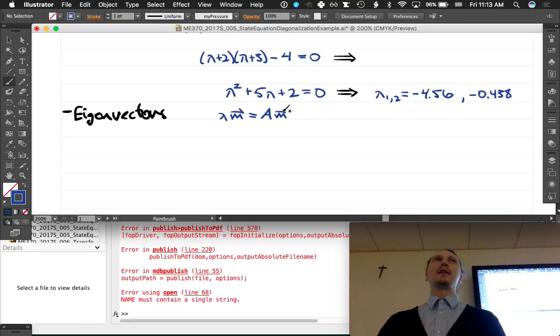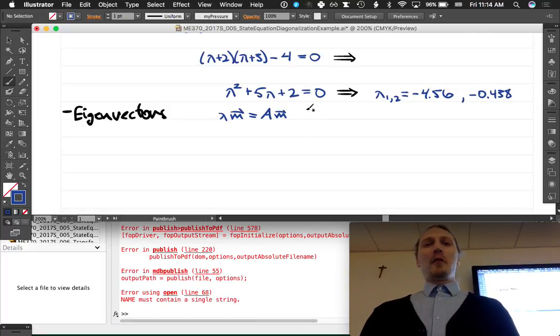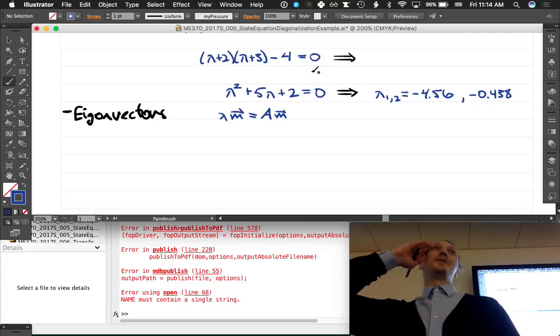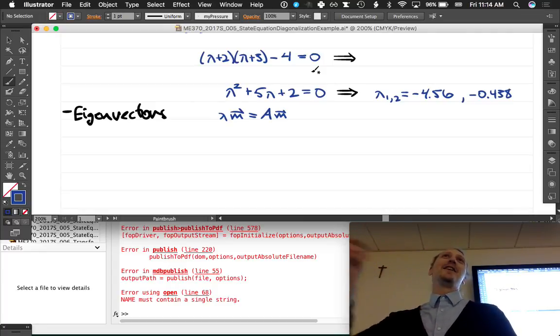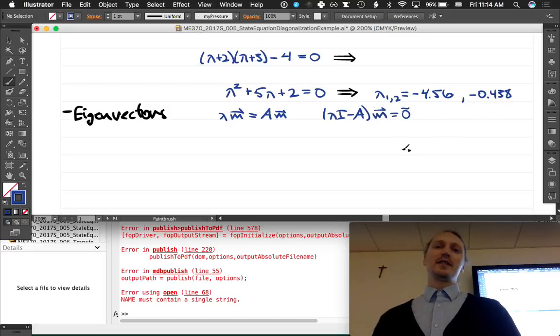That's how I usually remember it, and then I derive the formula because I can never remember which formula I need. You might find yourself in a situation where you don't remember. You're on an island, you don't have your notes with you. So you've got lambda I minus A times M equals the 0 vector.